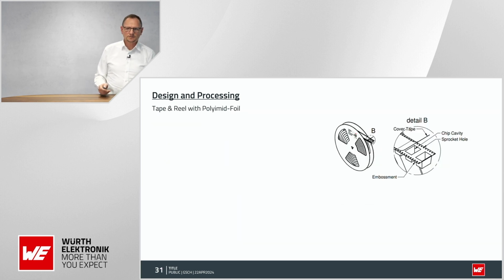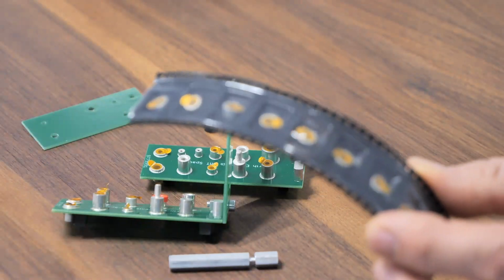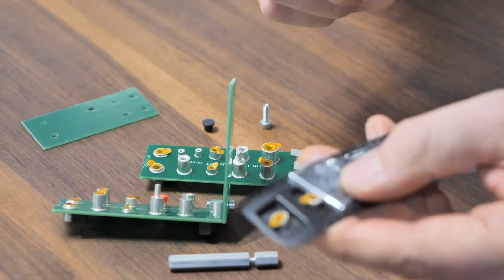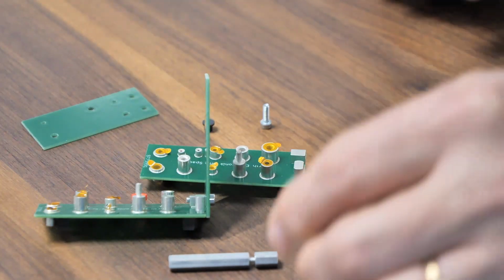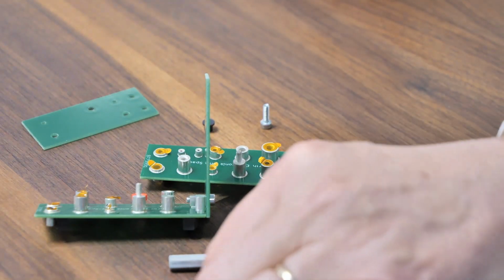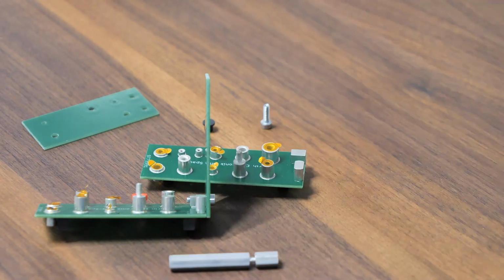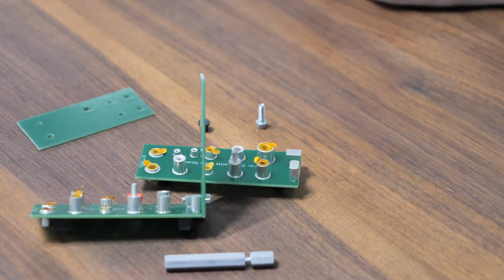So I mentioned before that it comes on a tape and reel, looking like this one, and the machine will draw out the top cover foil, and you will pick up the component here by a vacuum. Vacuum pipettes are used to draw them out.